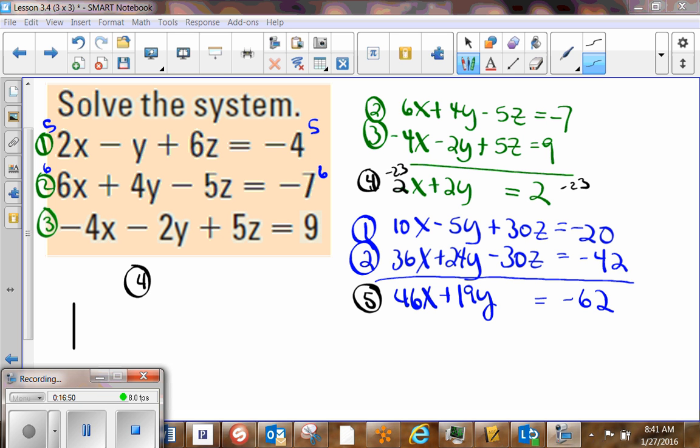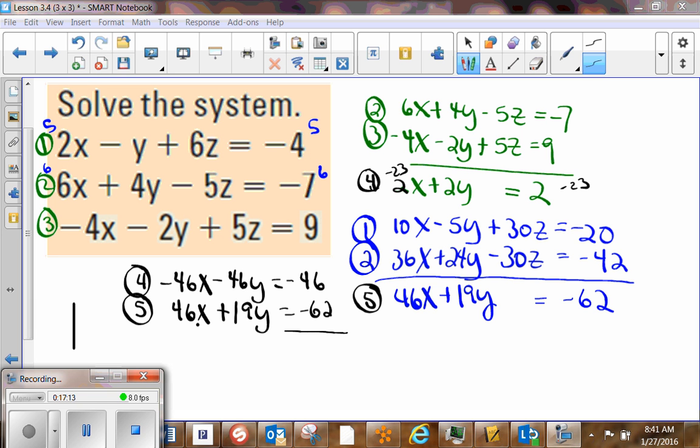All right, so this is number 4, having multiplied by negative 23. That's going to give me a negative 46x minus 46y equals negative 46. Please stop me if I mess up. 5, I'm going to write it down as it is. 46x plus 19y equals negative 63. All right.